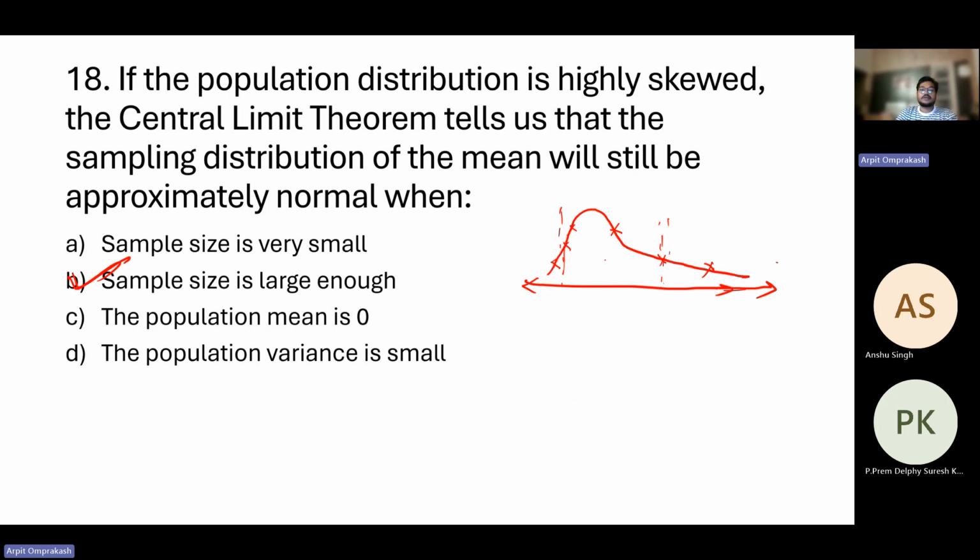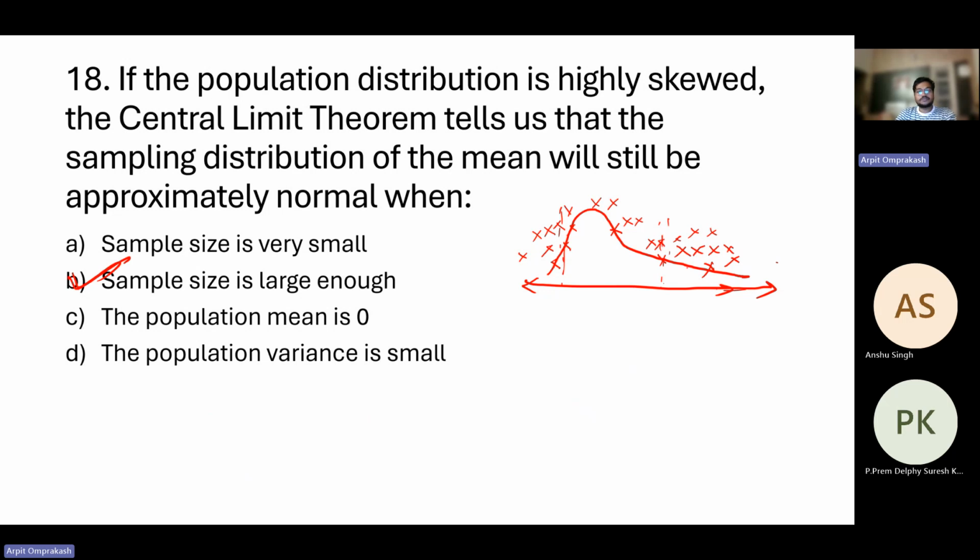But if you are taking a larger number of points, so let's say you're taking 20 or 30 points, you might have some points clustered over here, some clustered over here, and some somewhere here, right? 1, 2, 3, up to 20. Right.